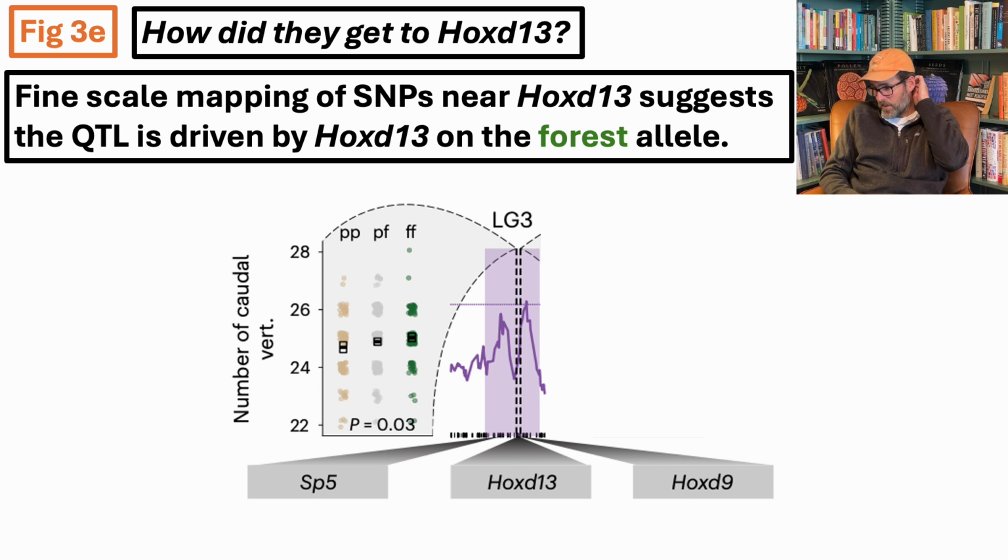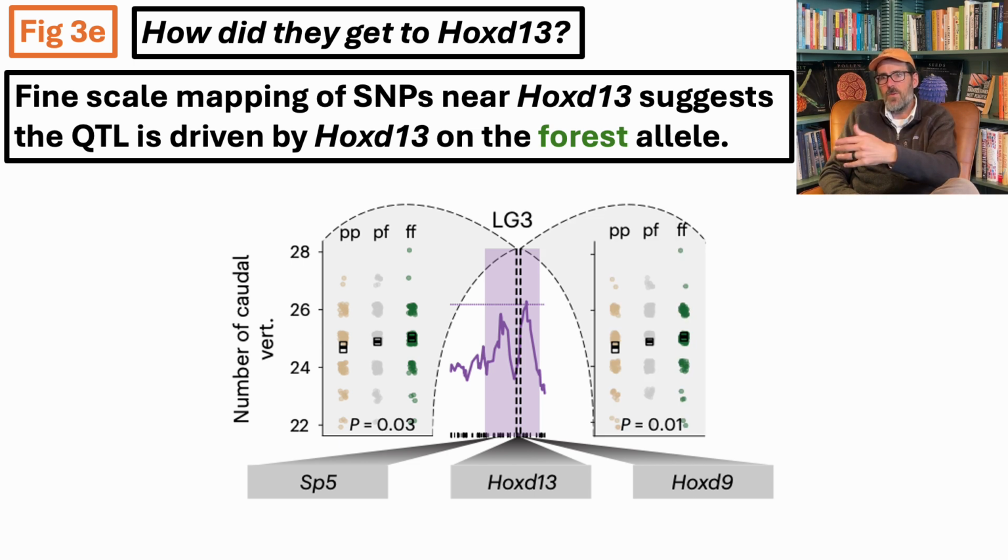And that's the value of having this whole F2 population. You can do this fine scale mapping and then just go back to that data and see how many caudal vertebrae they had, and it's an incredible extension, confirmatory, really narrowing it down to HOXD13. That was for the left-hand SNP. The right-hand SNP also shows a greater number of caudal vertebrae for the forest homozygote of that SNP.